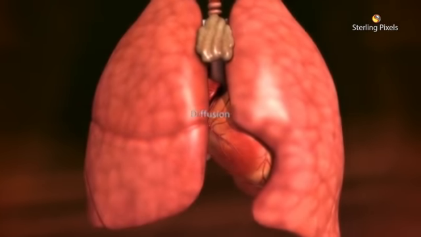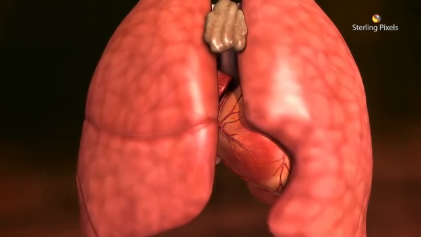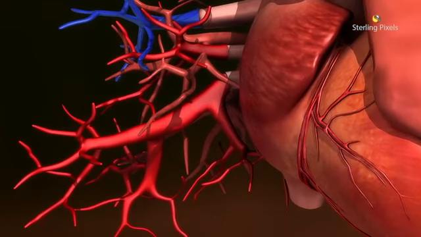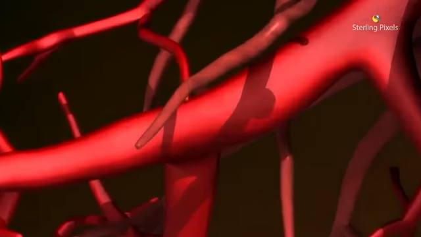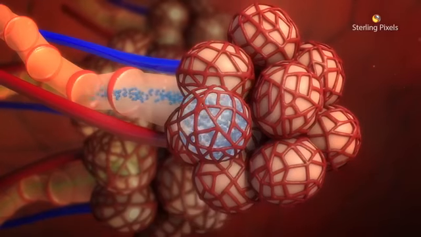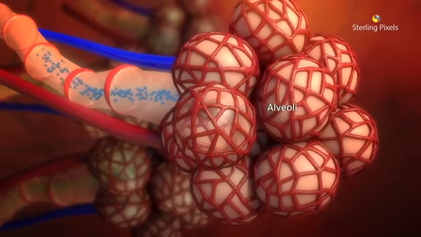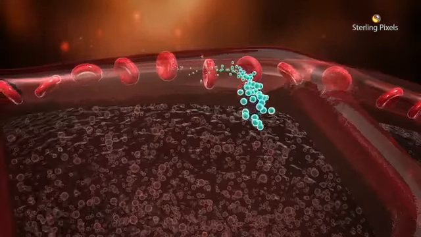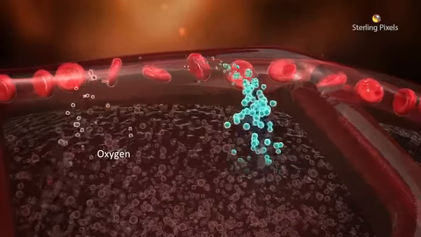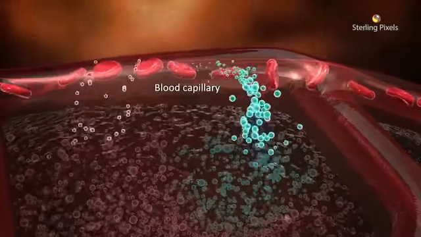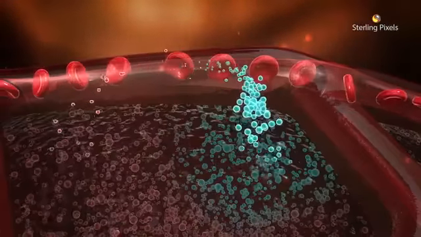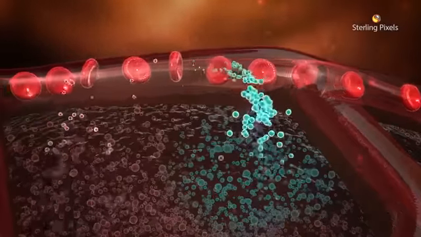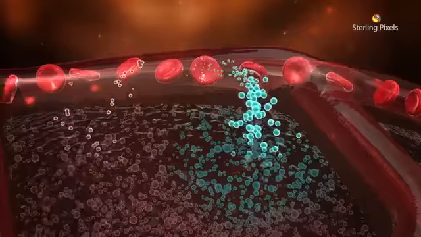Diffusion. In the human respiratory system, the lungs take in oxygen through the process called breathing. When the concentration of oxygen is higher in the alveoli of the lungs, the oxygen passes into the blood capillaries surrounding the alveoli, and the carbon dioxide from the blood passes into the alveoli.